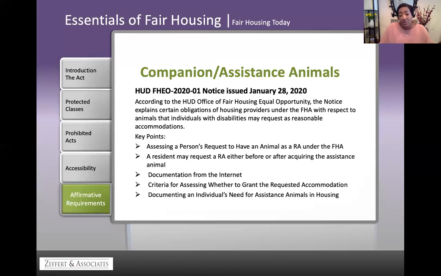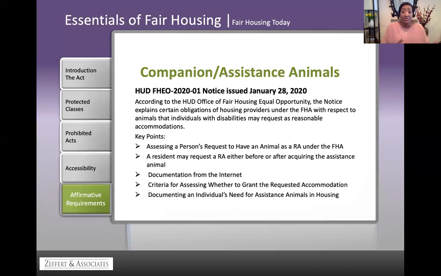Here's the only concern that landlords and owners have with regards to making a reasonable accommodation for an emotional support animal or an assistance animal. Does the person meet the definition of a disability? And is the animal necessary to assist with the disability? What is it trained to do?